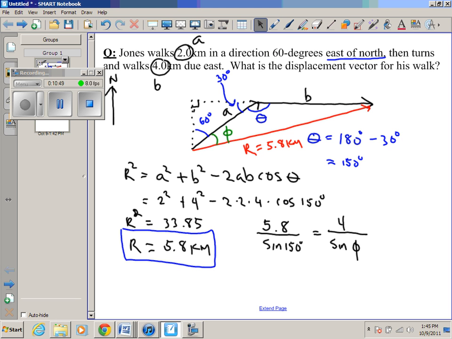Hopefully that makes sense. So now I can cross multiply here. I'm going to get 4 times the sine of 150 degrees equals 5.8 times the sine of phi. I do this out, and I'm going to get the sine of phi. I'll leave you to do out some of the math here, but the sine of phi, after you do your calculations, is 0.345.